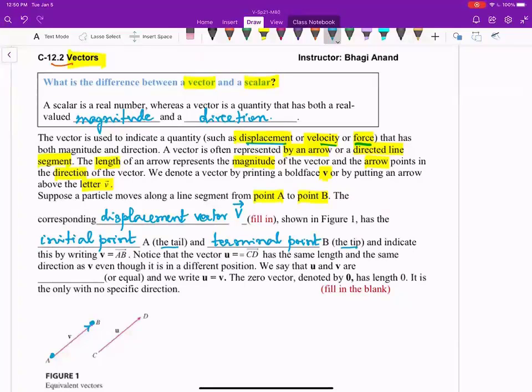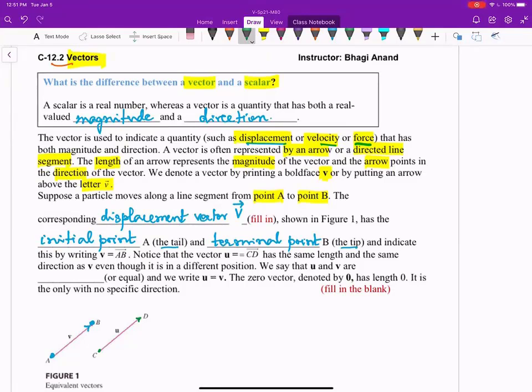Notice that the vector U, vector CD, has the same length and the same direction as V. So it is also having the same length as the previous vector V, and it is also in the same direction as AB. These two are parallel to each other. The length of them is the same.